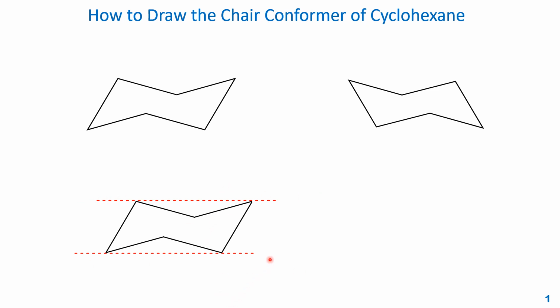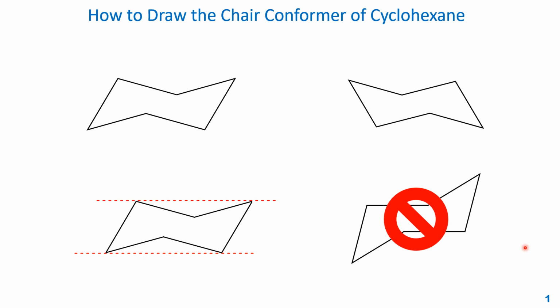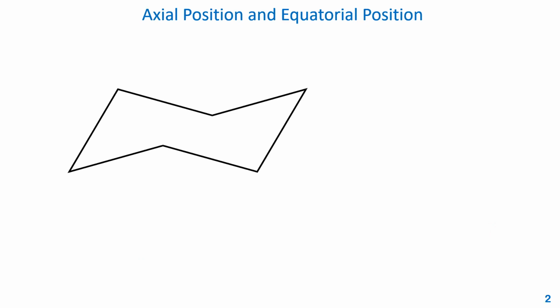If you did that, that's wrong. For example, you probably see this kind of chair sometimes, but this is actually not correct. This is flat. No, this cannot be flat. So that's not right.